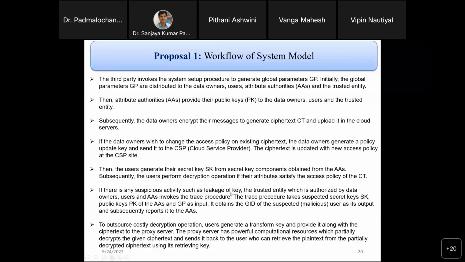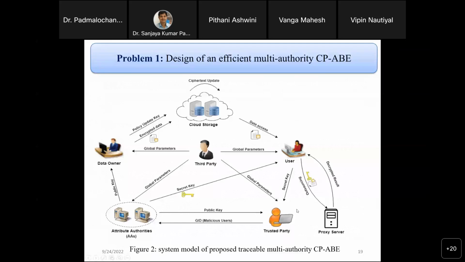So this process runs here in the trusted party, based on the public key, global parameters, and secret key of that suspicious user. Okay, and this GID is shared with the attribute authorities and they can take actions.